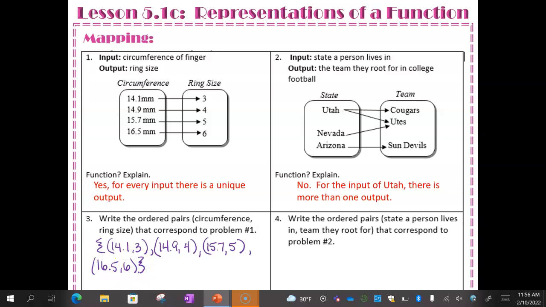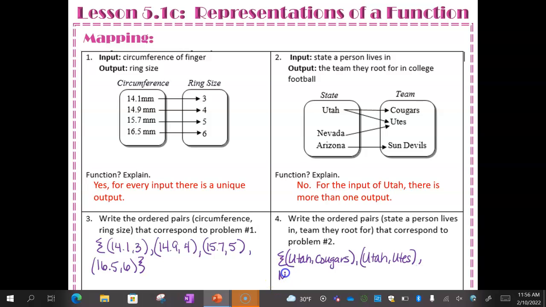It feels weird, but you can have words as ordered pairs too, like number 2. So we're going to pair Utah with the Cougars. We're going to pair Utah again with the Utes.